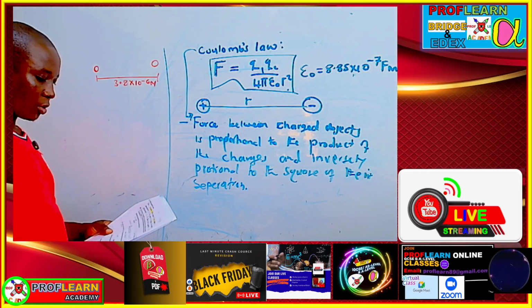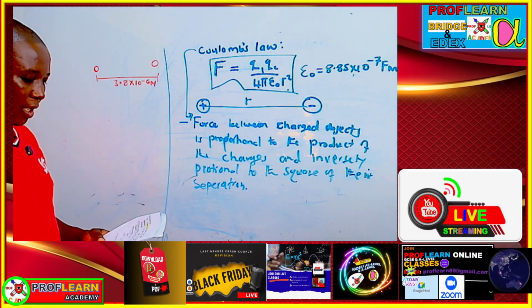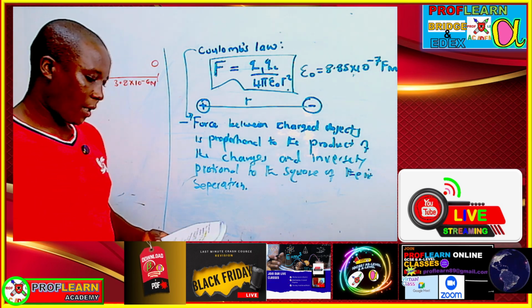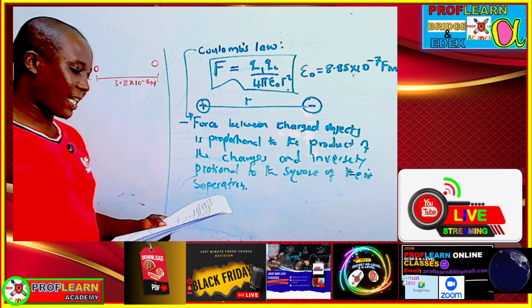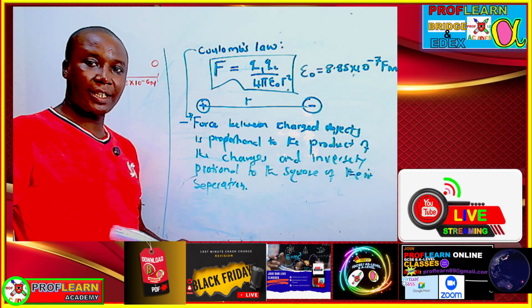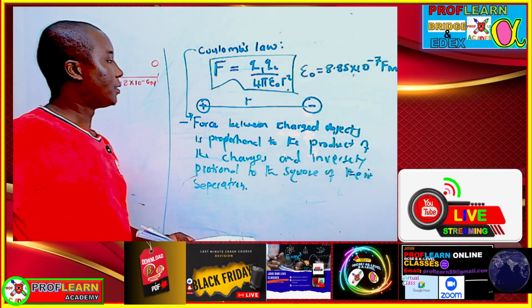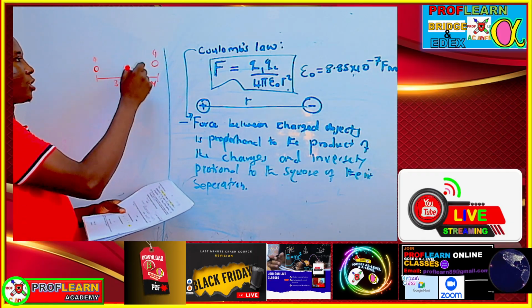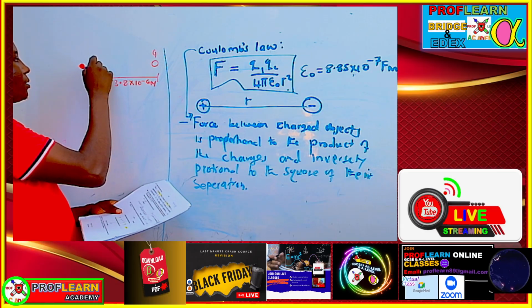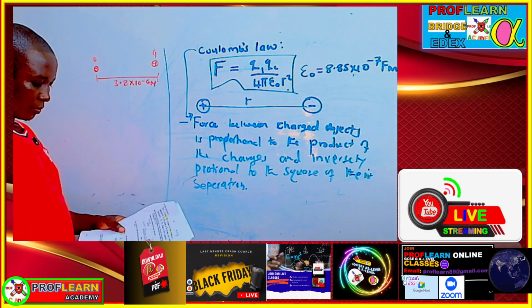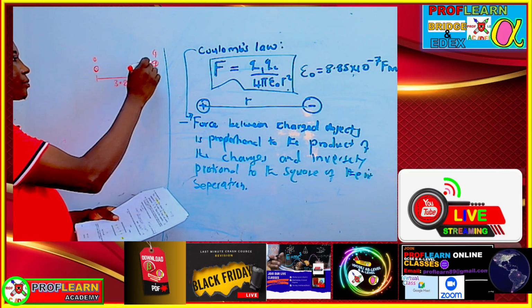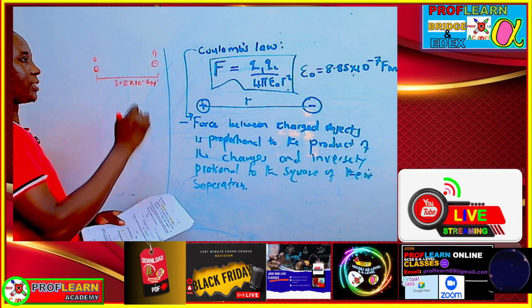And since we are told they are identical, it means they are going to have the same amount of charge. So we are told that they have equal charges. This is a charge Q, so we can say they are positively charged, or we can say they are negatively charged, but they have identical charge.